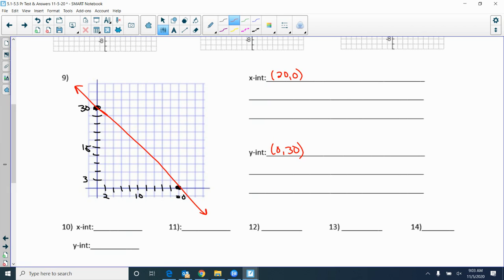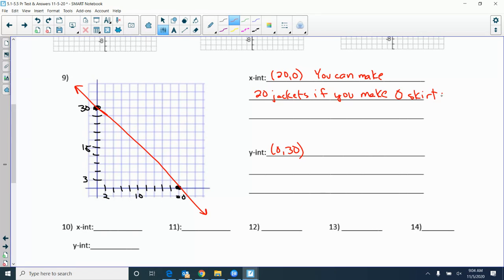We did this one earlier, so what does that x-intercept mean in the context of this situation? Zach, what do you think? How many jackets can be made without any skirts? Okay, so you can make 20 jackets if you make 0 skirts.